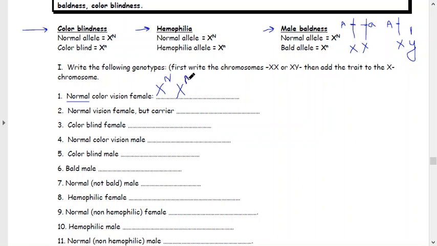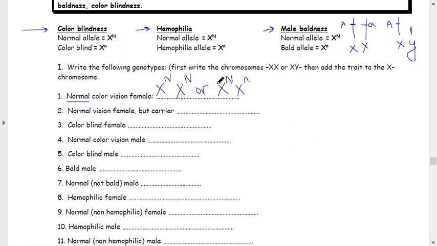And she could be homozygous normal, right? She could have 2 dominant alleles, or she could have a recessive allele. She could be heterozygous. Remember that these are not incomplete, these are not codominant, nothing like that. No blending of traits here.